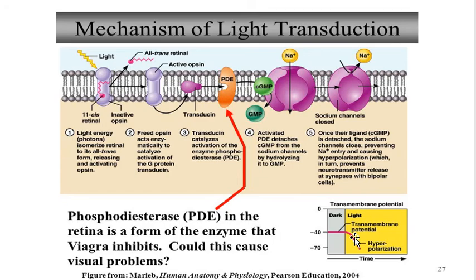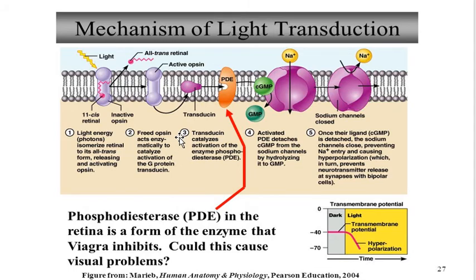This sort of hyperpolarization occurs, and the phototransduction itself is such that the photons isomerize the retinal to its all-trans form, and this releases and activates the opsin. That is the type of configuration change that goes on.